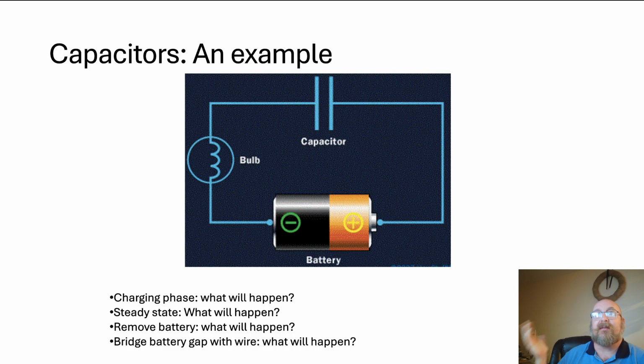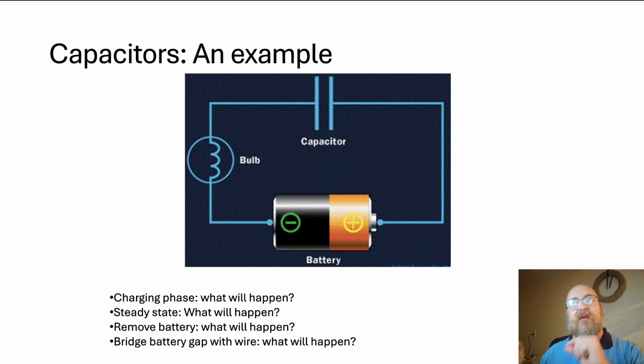That's the steady state. That will be what happens once it's fully charged. The light bulb will be out. There will be no current flowing. If we remove the battery, we haven't improved anything for current to flow, so the light stays out.